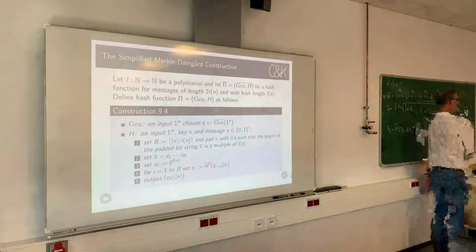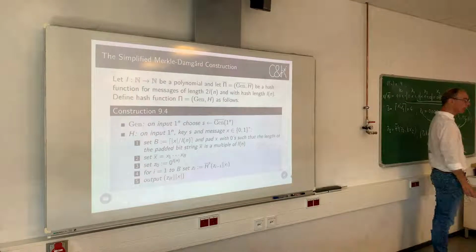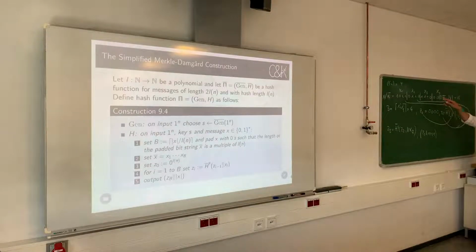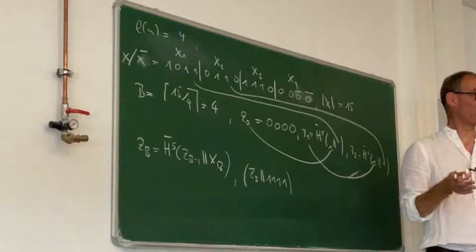What's the difference in hash value if I do this x or this x where I delete this 0, but because I have to fill it up, pad it, I have just 2 zeros. So 14 bits, the last 2 being 0.